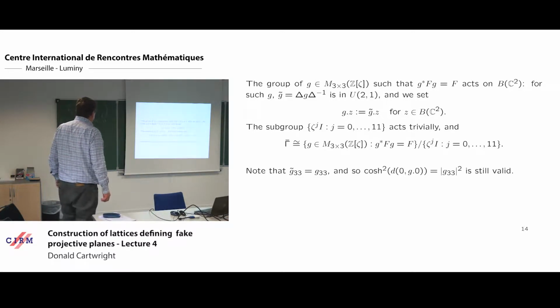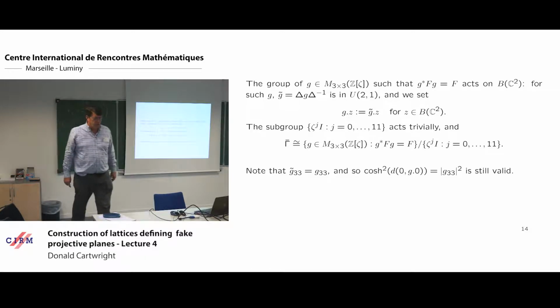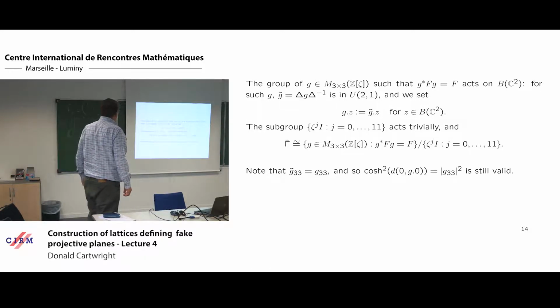So this is a group we really need to play with, because then we want to find subgroups of index 864 in there.